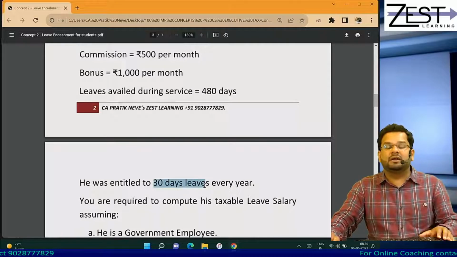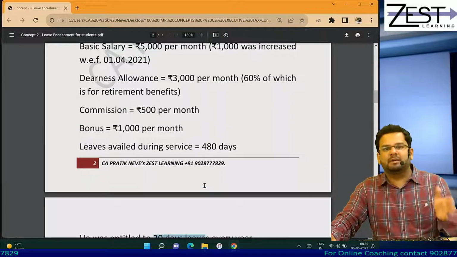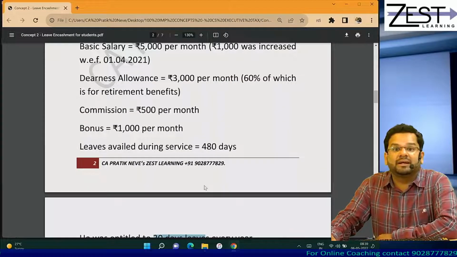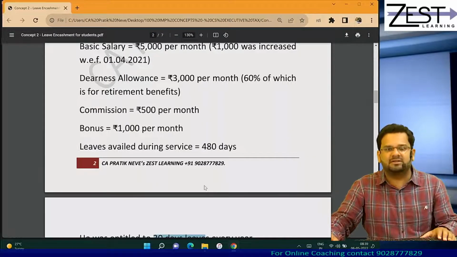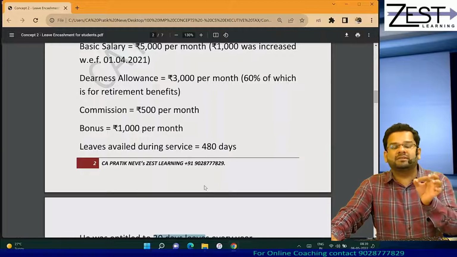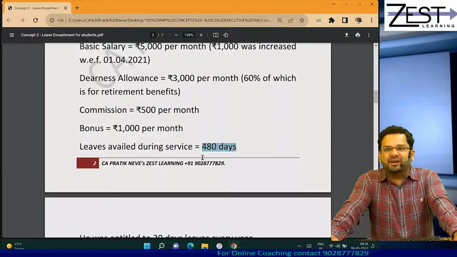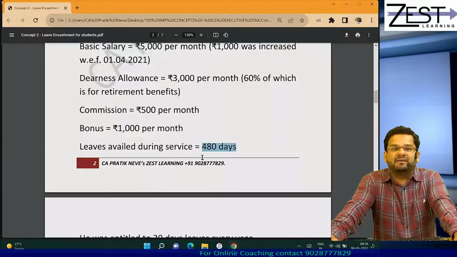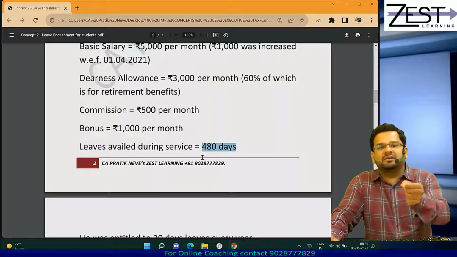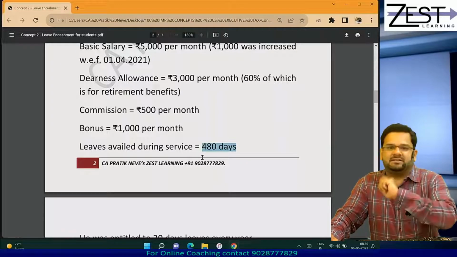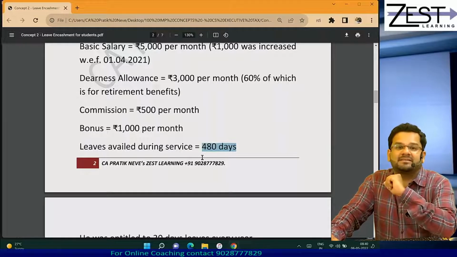Very good. Now what you are supposed to do is take 20 multiplied by 30, and you will get 600 days of total leave entitlement. Now out of this 600, he has availed leaves for 480 days. So unavailed leaves are 600 minus 480, that is 120 days. Convert these 120 days into months: 120 divided by 30, yes, 4 months.